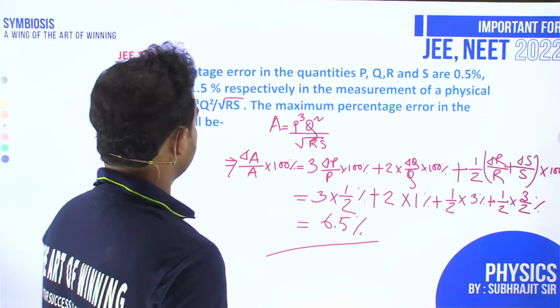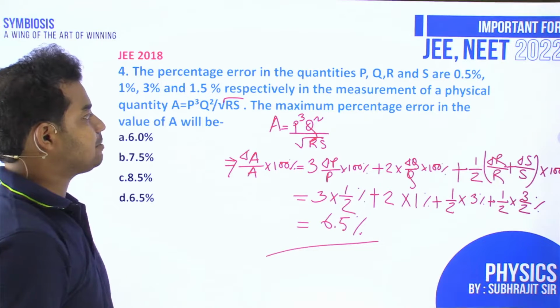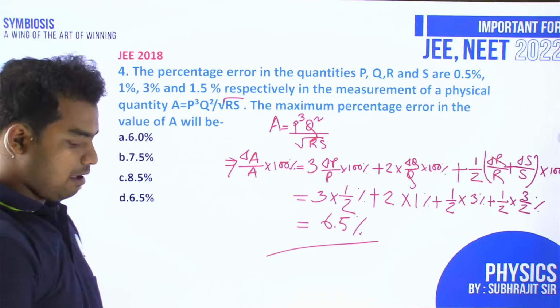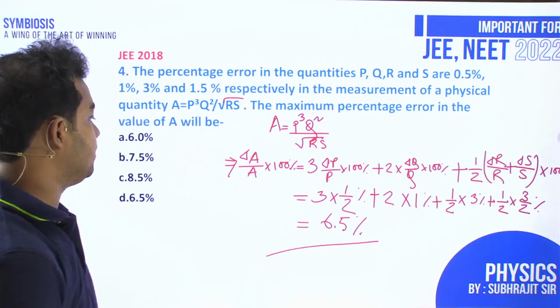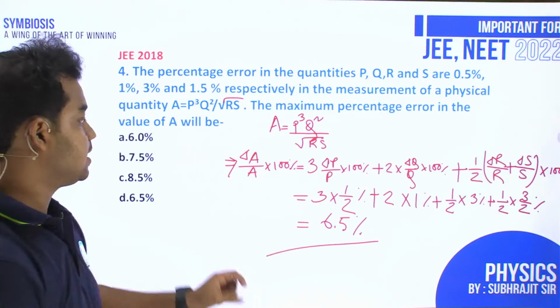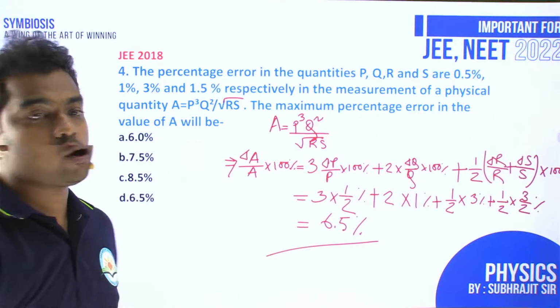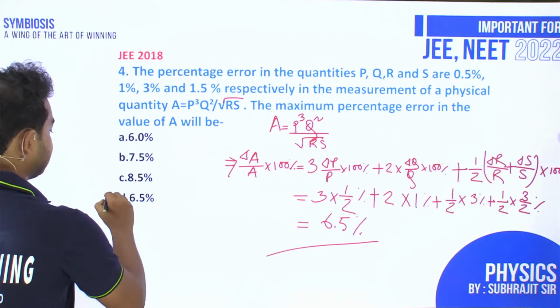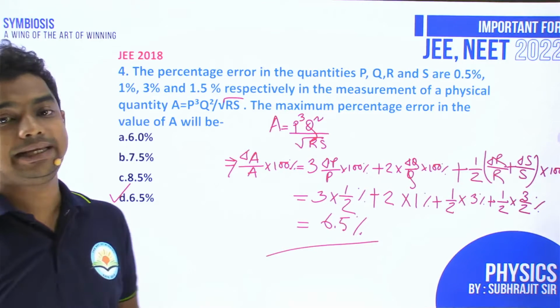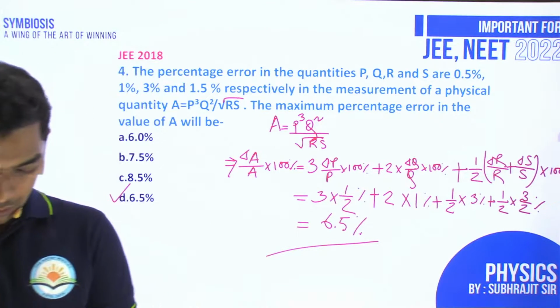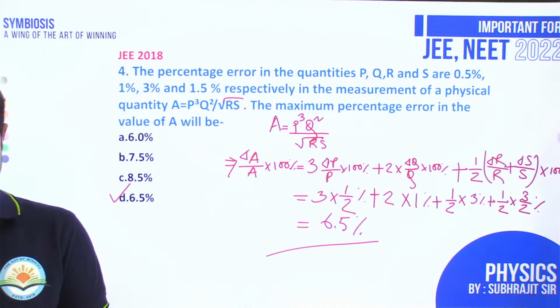So the question was the maximum percentage error in the value of A. The correct option is 6.5%, so option number D is correct. Got it, everyone?